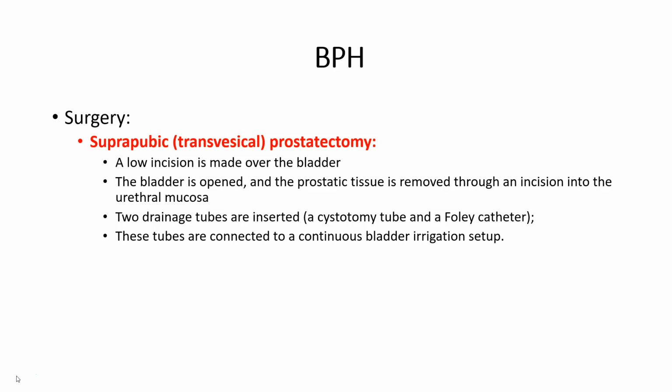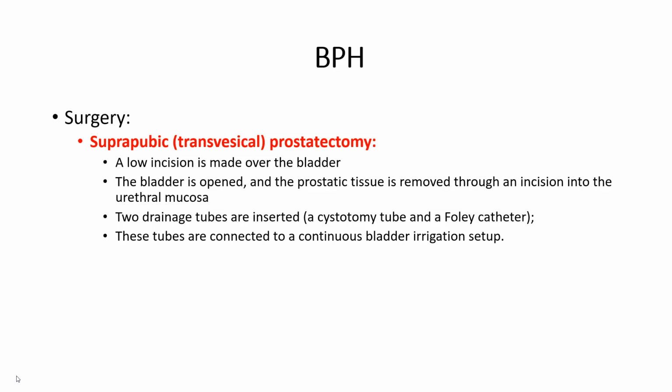Another surgery, as you can see on the screen, is a suprapubic transvesical prostatectomy. Let's see, low incision. Where it says 2 drainage tubes are inserted, you've got the cystotomy tube and the Foley catheter. You want to make sure that you're assessing the urine output from both of those, okay?